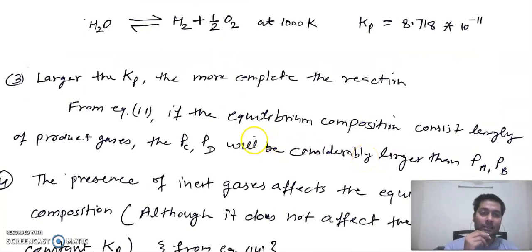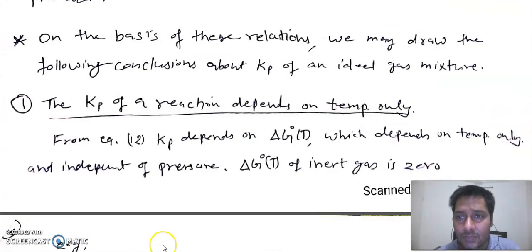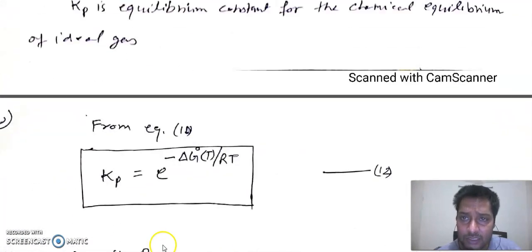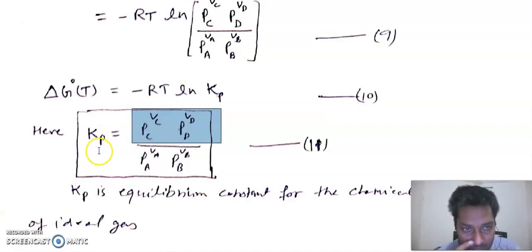The third conclusion is that the larger the value of Kp, the more complete the reaction. If you see equation number 11, if the partial pressure of products is higher, then the Kp value will also be high.